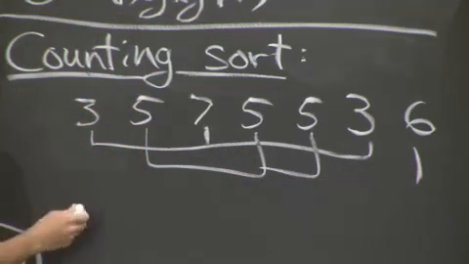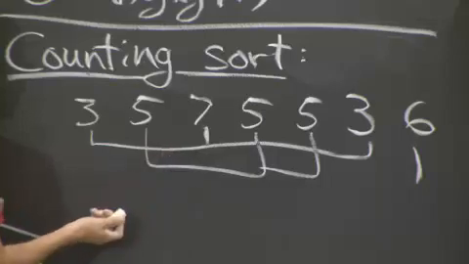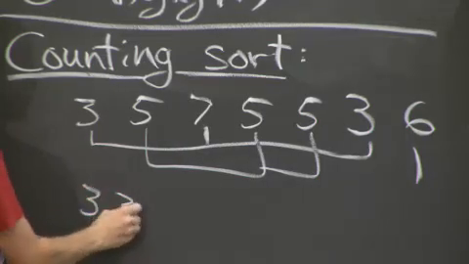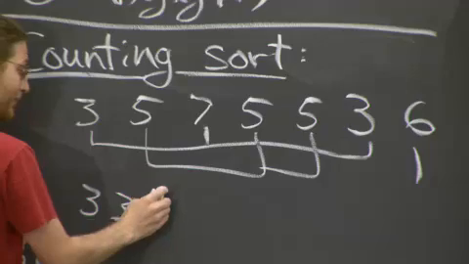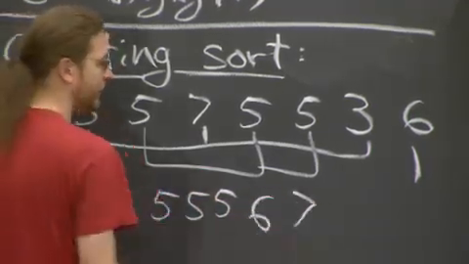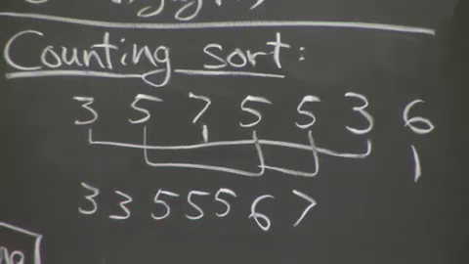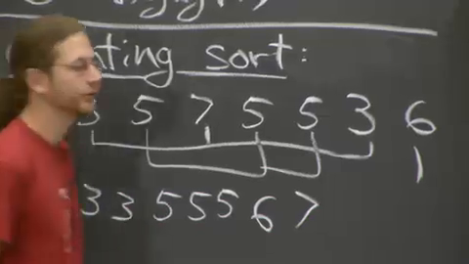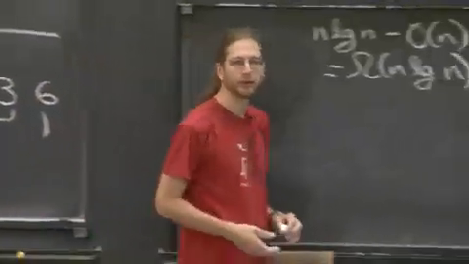So how do I sort it? Well, the 3 is the smallest key, and there's 2 of them, so I'll write 2 3s. Then there's 3 5s, so I'll write 3 5s. And then there's a 6, and then there's a 7. That's the intuition. Now, how do I do that with an algorithm? Suggestions?